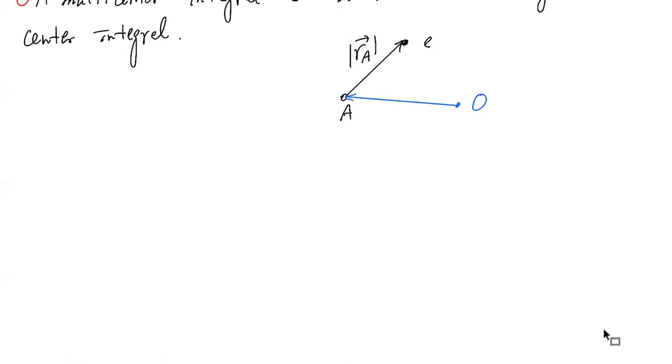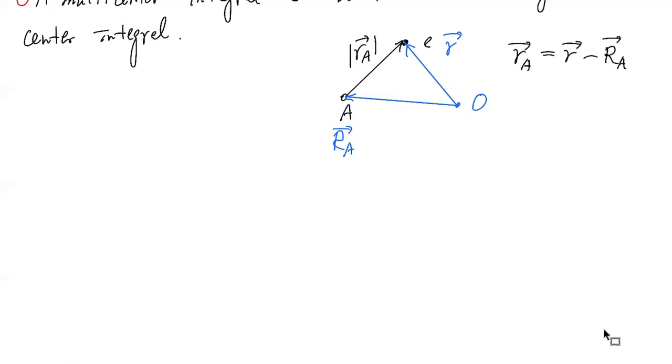So the position of this nucleus is RA. And the position of this electron is small r. Okay, so RA is, of course, r minus the position of the nucleus.